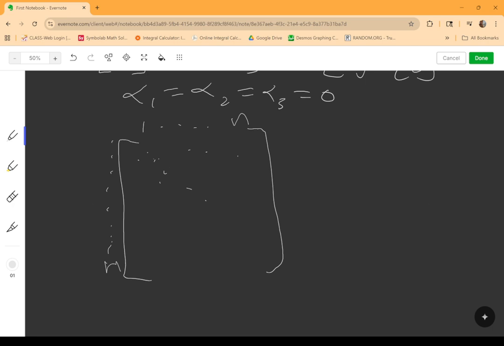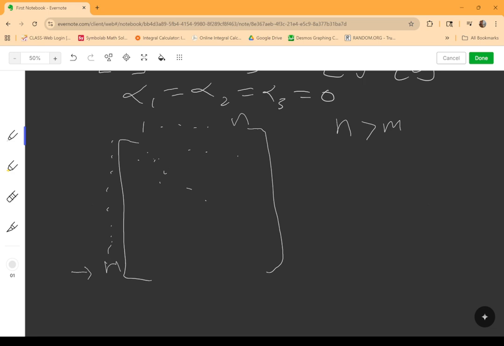If n is bigger than m, then I can automatically conclude that set is going to be linearly dependent, because there is no way I can have n pivot columns if n is bigger than m. The number of pivot columns is limited by the number of rows, so at most I can have m pivot columns.